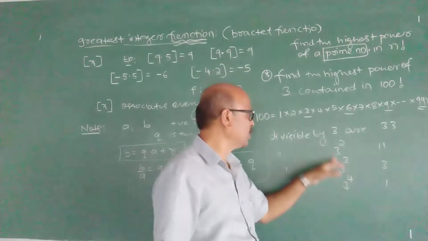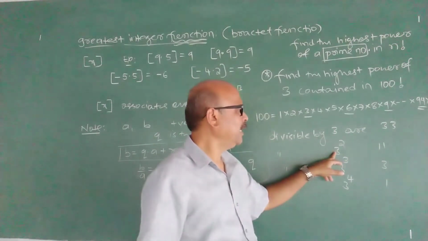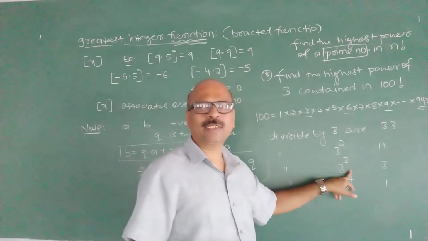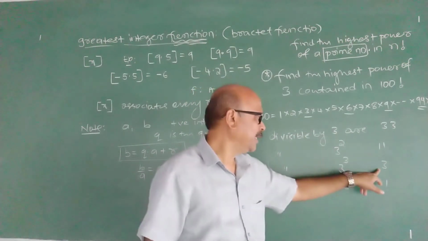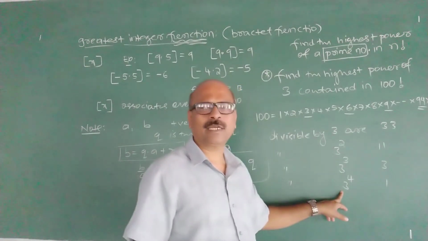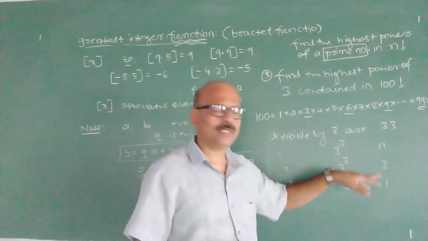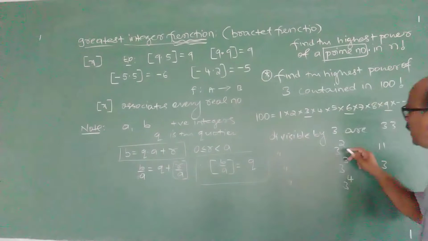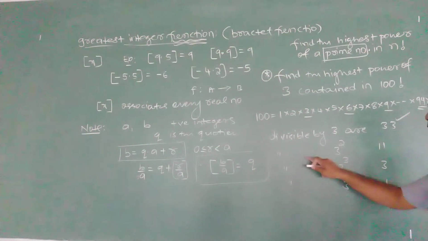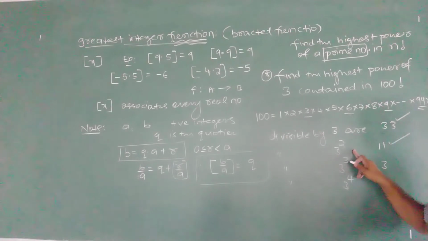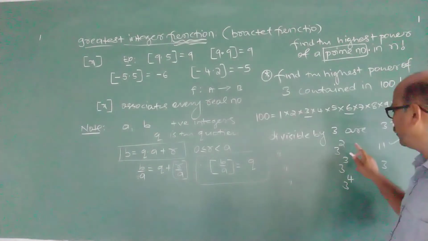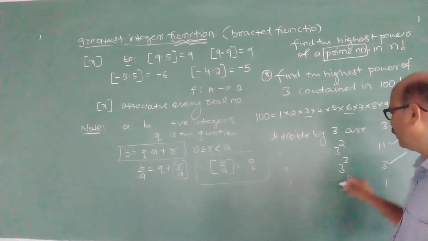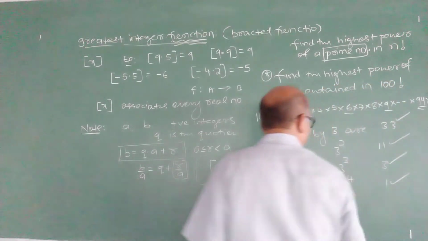So, what is the power of 3 contained in 100 factorial? We have to add these, because we have counted 3 once, 3 twice. How many factors contain 3 twice? 11. How many contain 3 three times? 3. How many contain 3 four times? Only 1. So the first 3 is counted once here, the second 3 is counted here, the third 3 is counted here, and the fourth here.